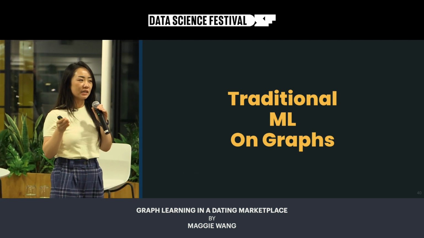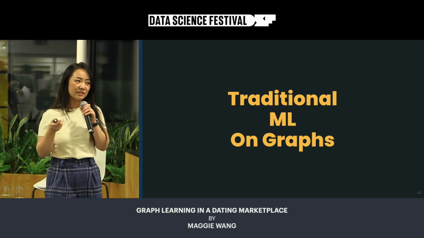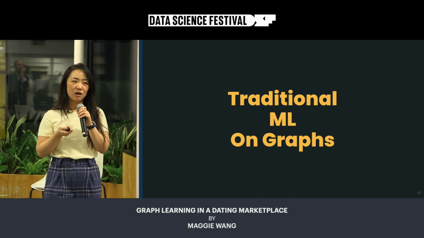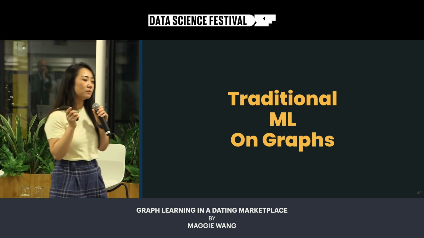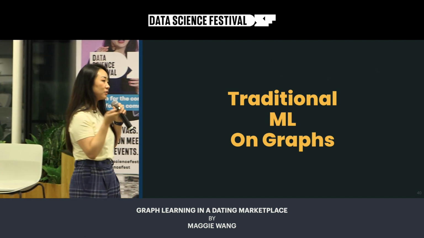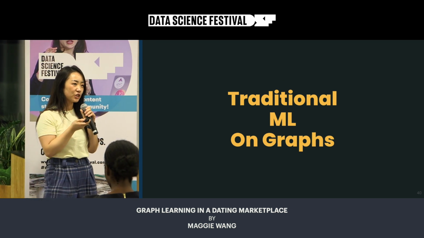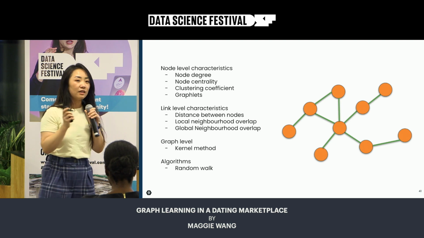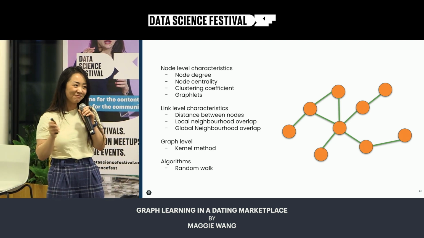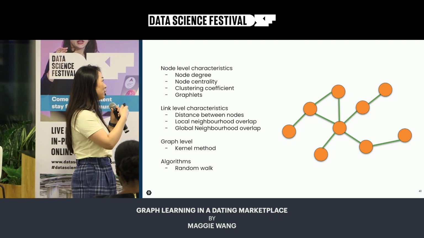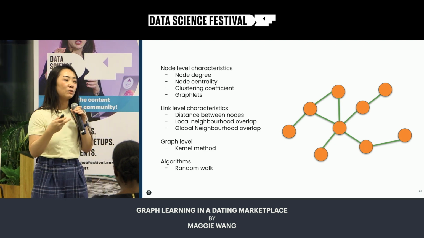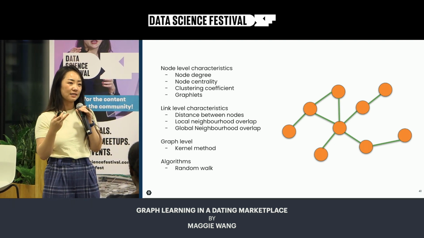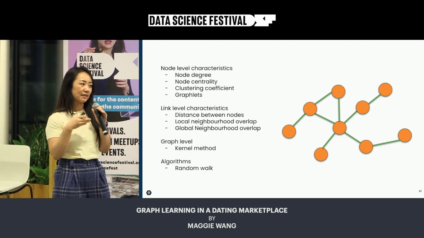For a long time, we can apply traditional machine learning on these graphs based on the structure of the graph itself. Some of these structural learning can be hand-curated features based on these graph structures. What are they? Here, I'm not going to explain all of them, just an example. A node feature can be how many neighboring nodes a node has. That can be a feature to represent a node.